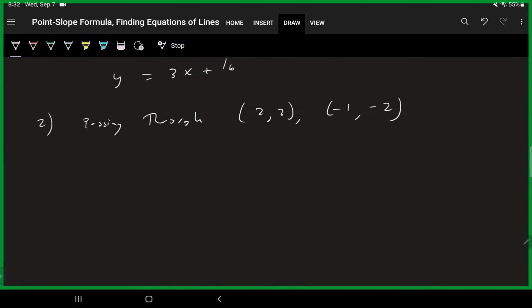Sometimes we're not given a slope, but we're given 2 points. If we're given 2 points, we can compute a slope. So our first step is we need to find a slope first. And so that is m is y2 minus y1 over x2 minus x1.